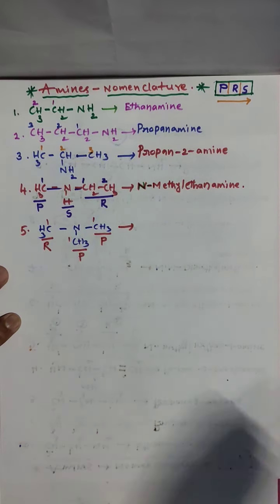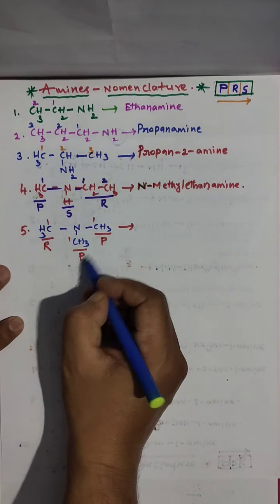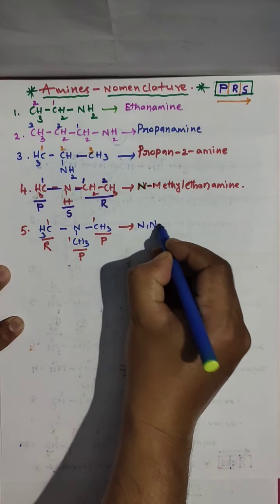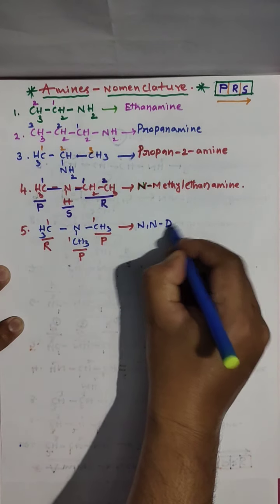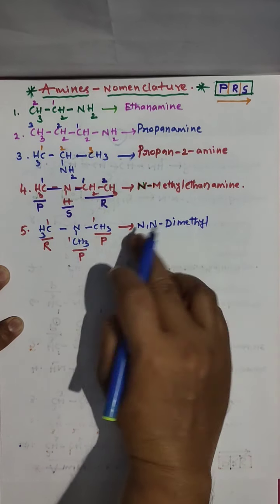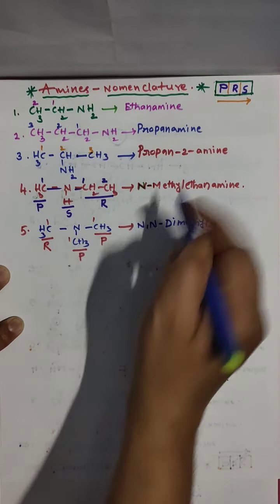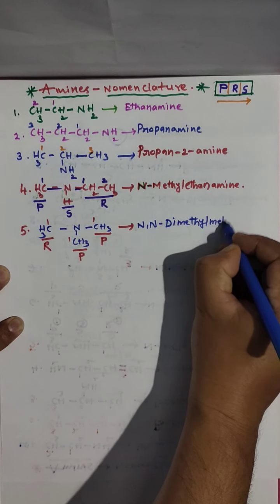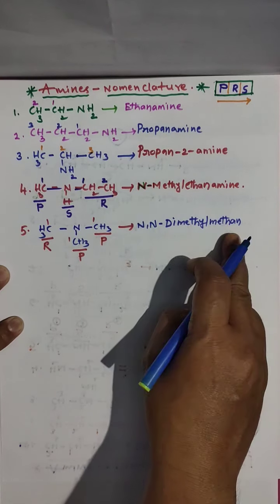This is the functional group. First prefix: we have 2 prefixes, that's why N,N, meaning bonded with N. Dimethyl: how many methyl groups are there? 2 methyl groups. N,N-dimethyl. Prefix completed. Root word: 1 carbon means meth. All single bonds, methane.